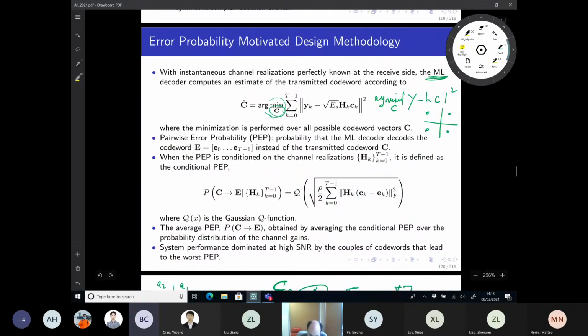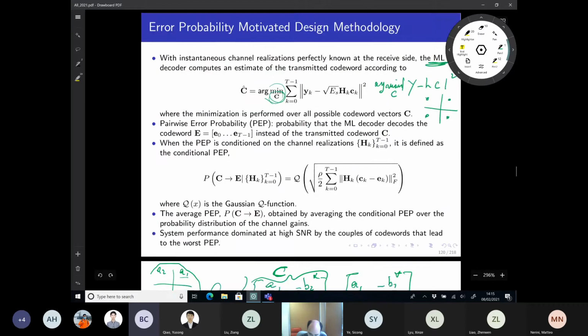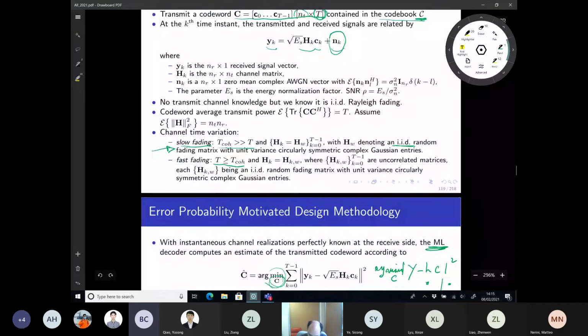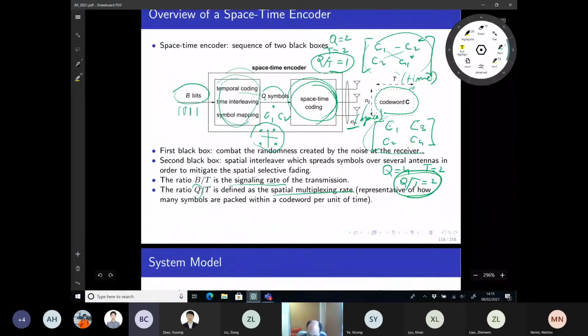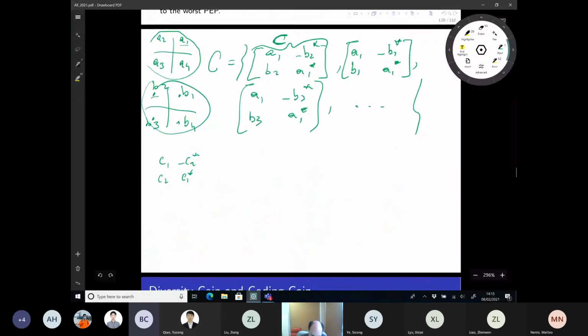Okay. Now you see that here you have 16 matrices because you have the matrix for the first symbol and the matrix for the second symbol, right? If I had the other example that I gave you, this one, I have now 4 symbols to transmit. Let's imagine that I want to build that code word. Now I have 4 constellations.